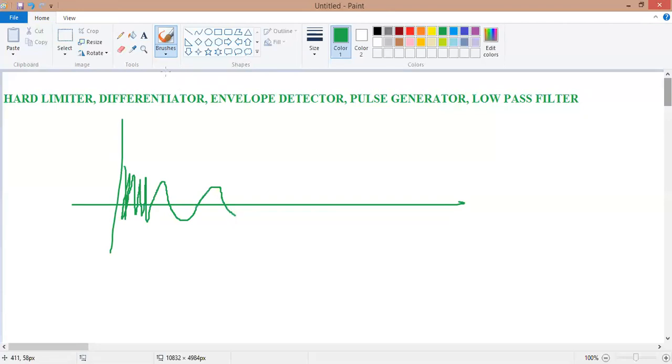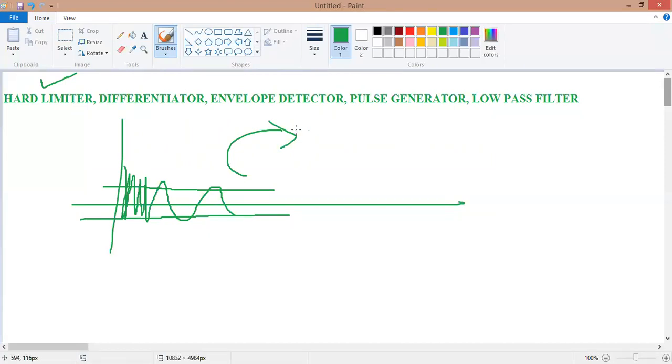So sometimes the amplitude may be increased or decreased. If I want to bound it within a certain limit, then it may be passed through a hard limiter, which can be used to limit its amplitude within a certain tolerable limit, and that is possible only through this hard limiter.